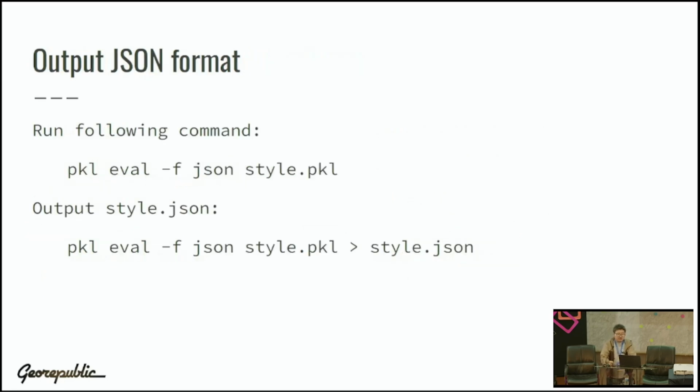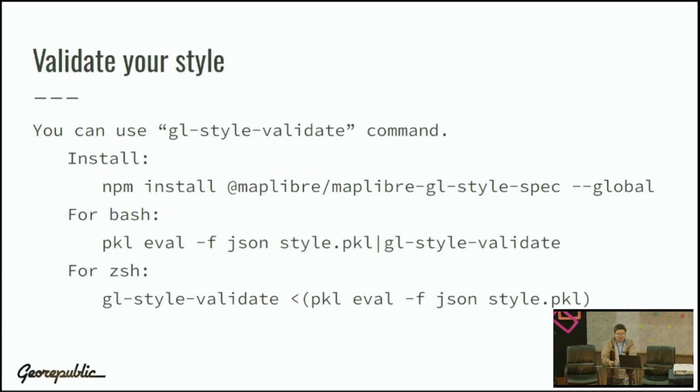For output JSON, you can use the eval command. The output style JSON is simply redirected to a style JSON file, and you can use the GL style validate command. The GL style validate command accepts stdin of the output, so you can easily validate it.